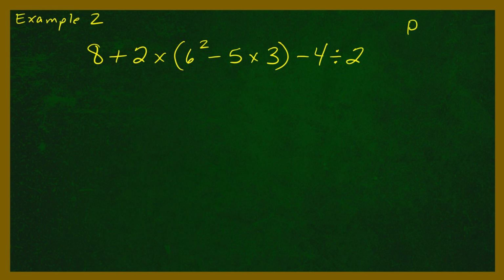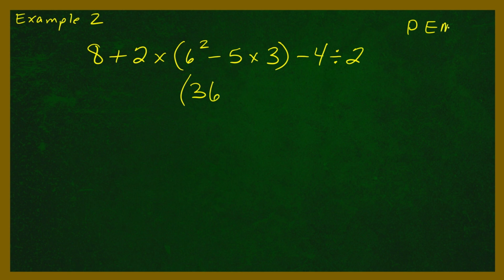And yes, we do have parentheses. So within our parentheses, we have 6 squared minus 5 times 3. So let's do our exponents first, because as we know, exponents come after parentheses. So we have 6 squared, which is 36.